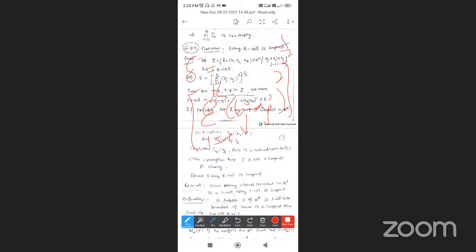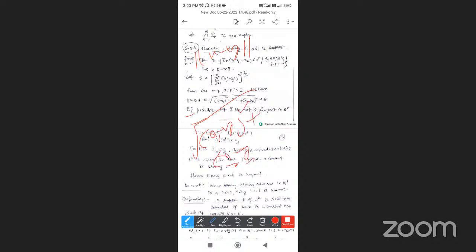So for any x, y in I, we have the norm of x minus y equal to the square root of (x_1 minus y_1) whole squared plus (x_2 minus y_2) whole squared plus and so on plus (x_k minus y_k) whole squared. This is less than or equal to delta.